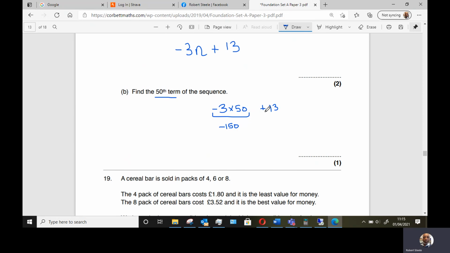You add 13, you've got to remember to go the right way along the number line. I often see people getting this wrong and getting something involving 163 in their answer. They've added 13 to 150. If you add 13 to negative 150, your answer will become less negative by 13. That's the answer you should be looking for.